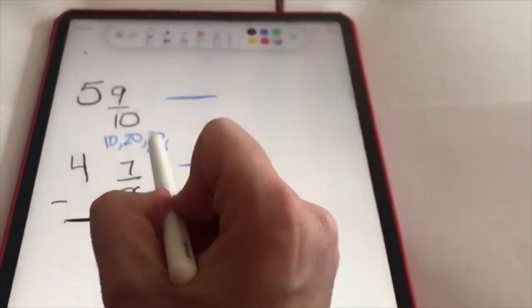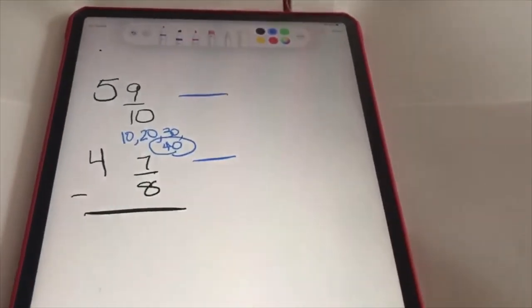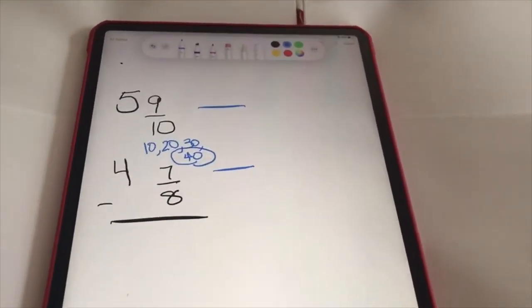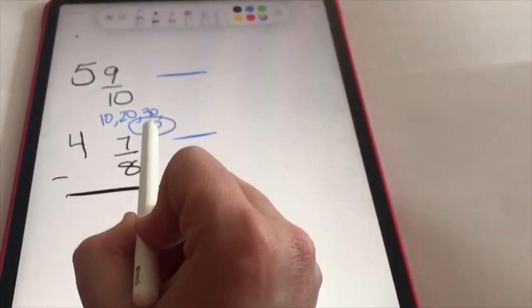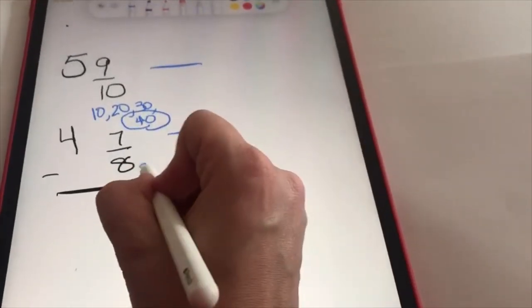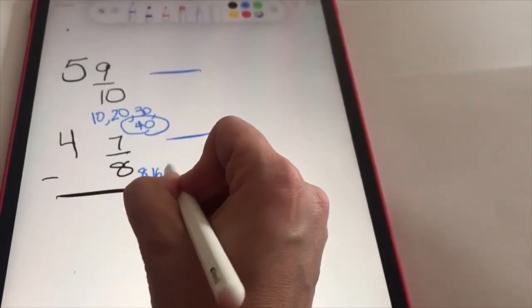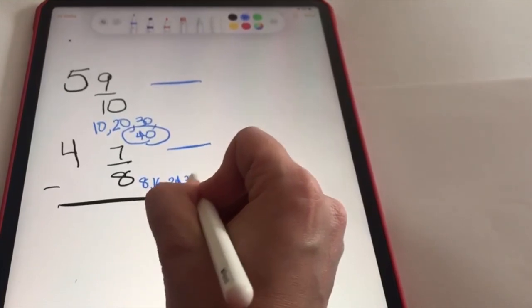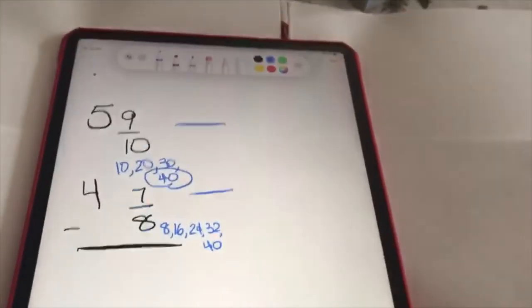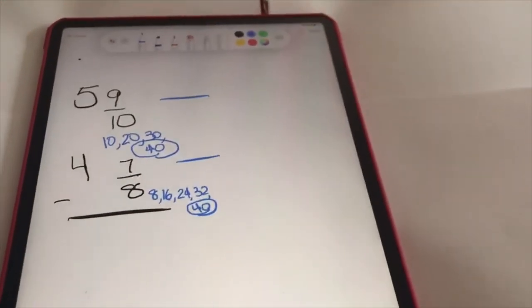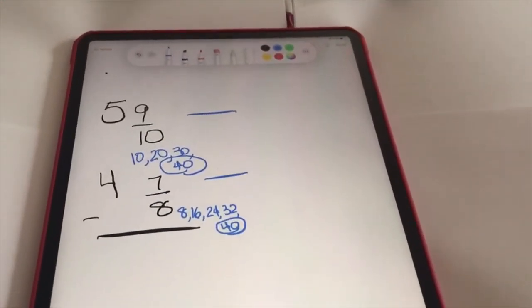Already, I know that I have a much smaller denominator that I could use, because I know 40 is a multiple of 8, because if I were to skip count by 8, 24, 32, 40. 40 is much easier for me to work with than 80, okay?